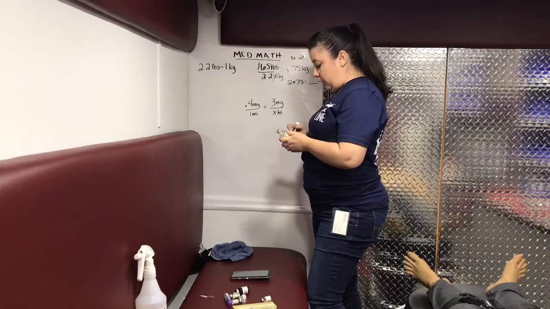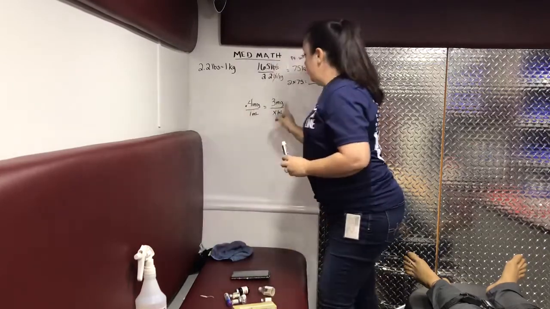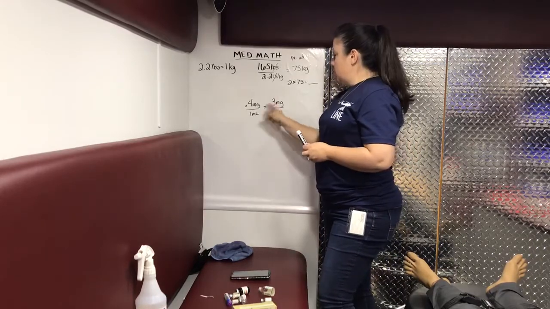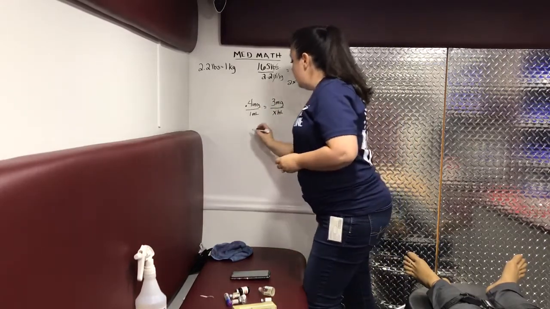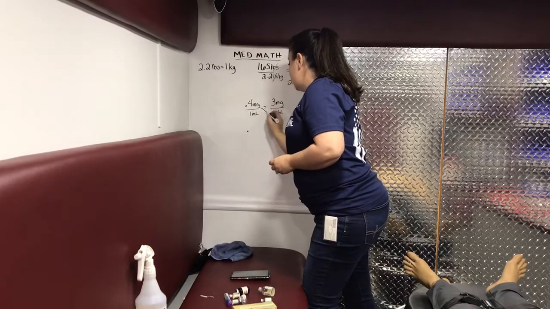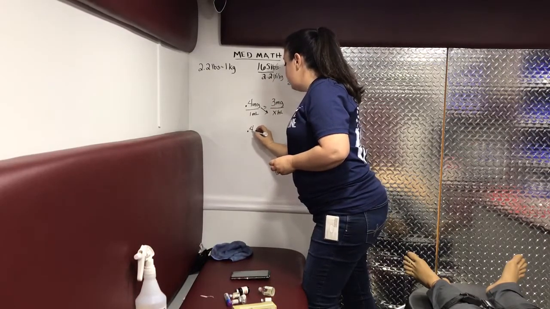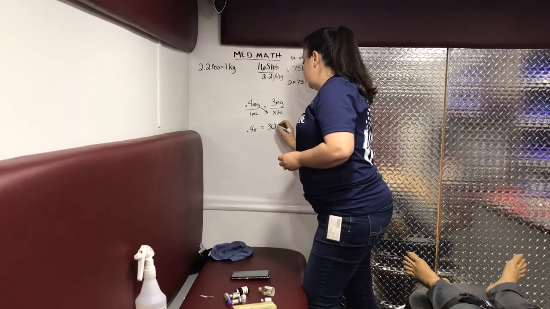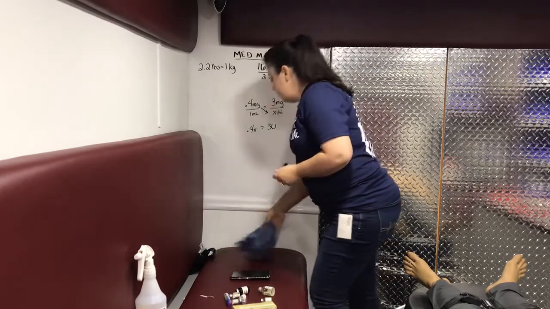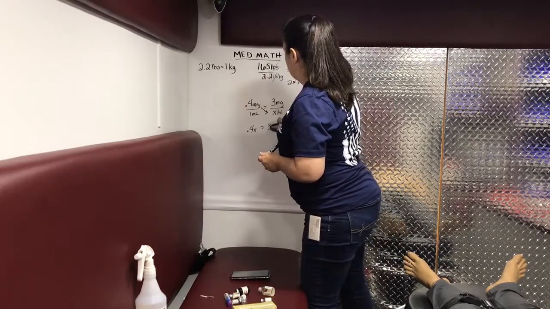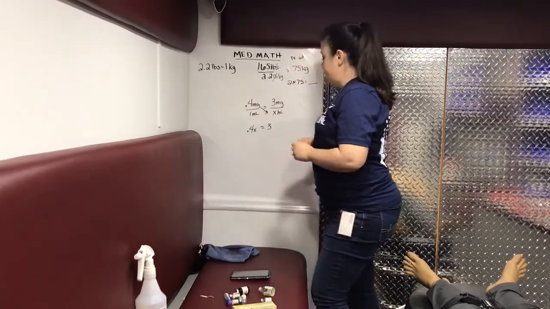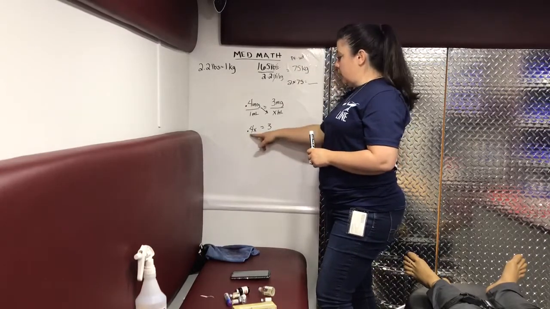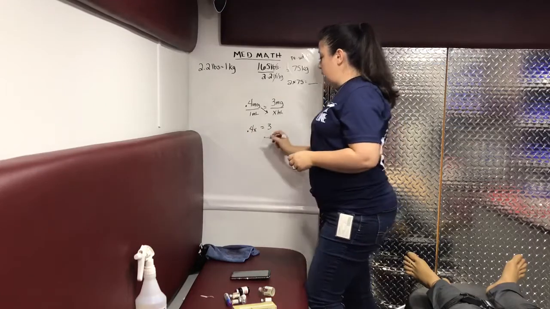So there's our milliliters. So going back through, we're going to do the same thing. We're going to solve for X. To do that, we're going to cross multiply. So we have 0.4 X equals 3. We have to keep X on the same side. So we're going to divide both sides by 0.4.